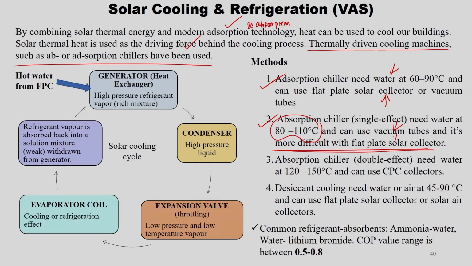And we have also seen that in the flat plate collector, it is not only water; you can use some phase change fluids as well, which will be able to provide the temperature needed, which is nothing but 80 to 110 degree centigrade.